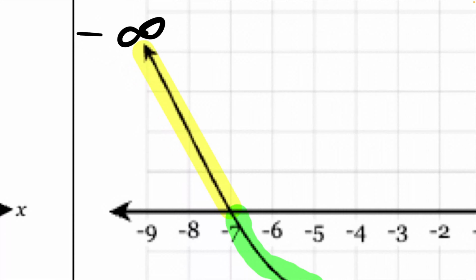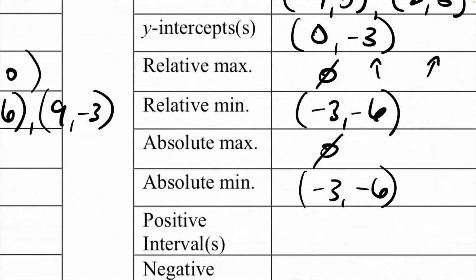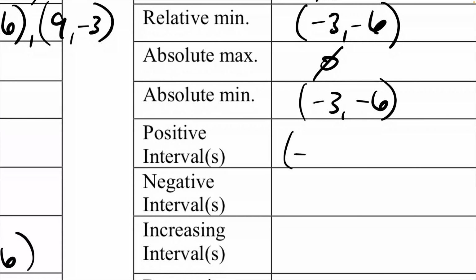Where does it start being above? Negative infinity, right? And when does it go below? Negative 7. That's the interval. So from the left arrow to negative 7. So from negative infinity to negative 7.